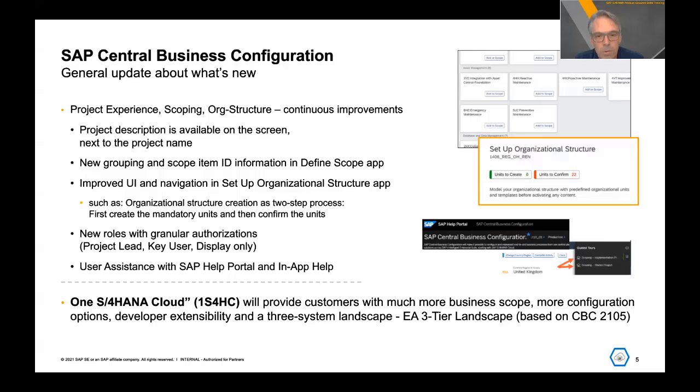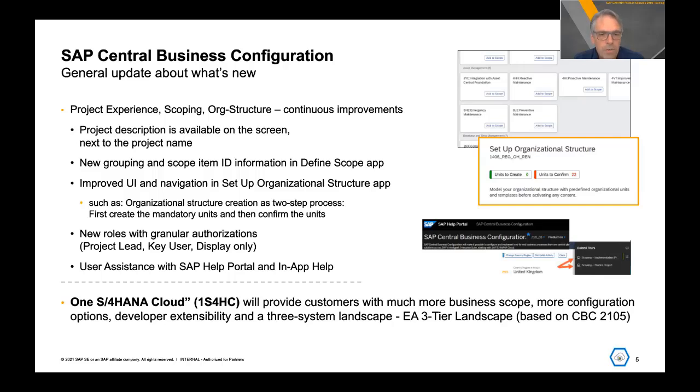Here we have focused on continuous improvements, such as the project description, which is available now on the screen. The second is a new grouping and the scope item ID for the scope items, the abbreviation, 3 digits. This was part of your feedback, and this is our response to it, to make it available now.